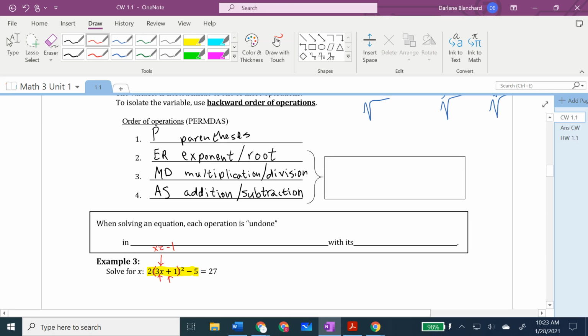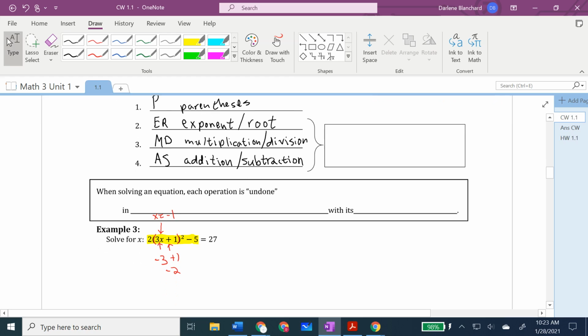So proper order says multiplication first, 3 times -1. Then addition to give us the -2. Then the parentheses take place. And now I move on to the exponent on that parentheses. And when I multiply -2 twice, I get +4.